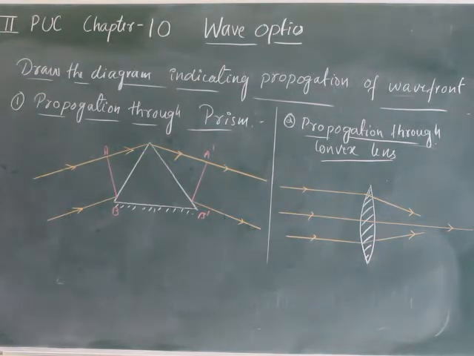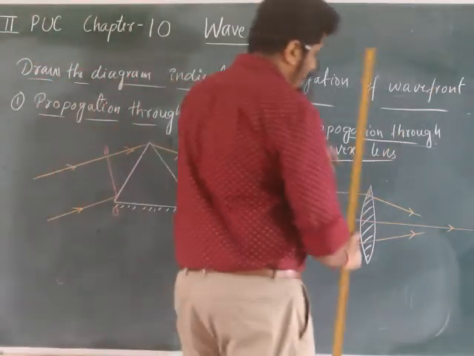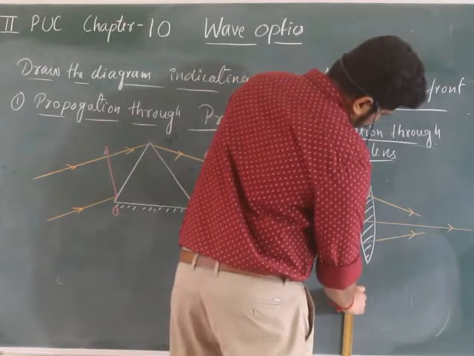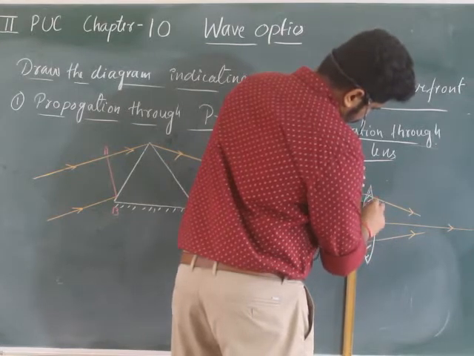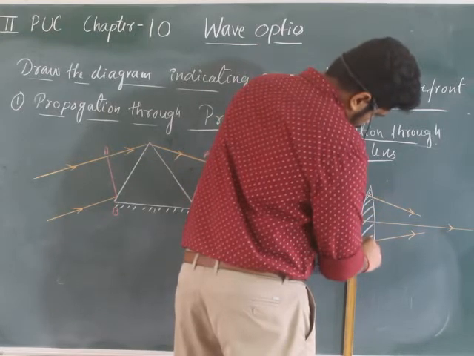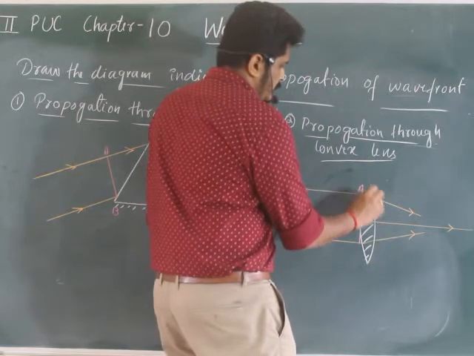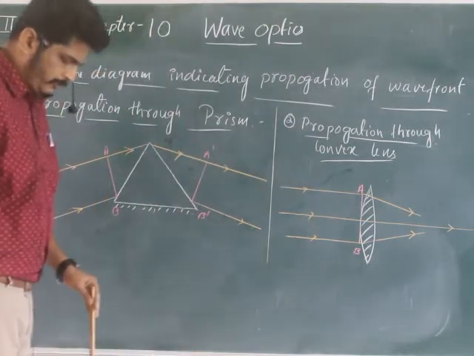Correct. So next what else we do here is, we will be showing the wavefronts. The primary wavefront I will take. Before entering the lens, it was a plane wavefront. Correct. You can see A, B, the primary wavefront.